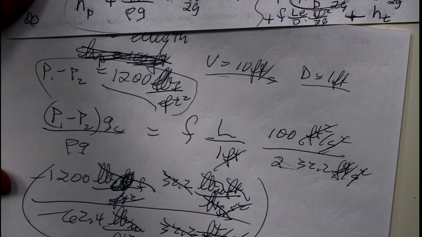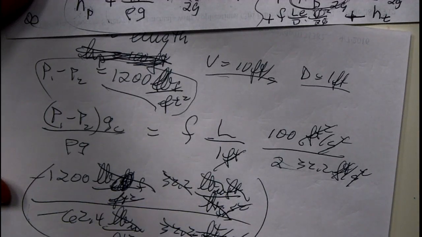Okay. So if we cross multiply, we'll get 1,200. This times that's 1,200 roughly divided by 100, which will give us 12, is our friction factor times L.